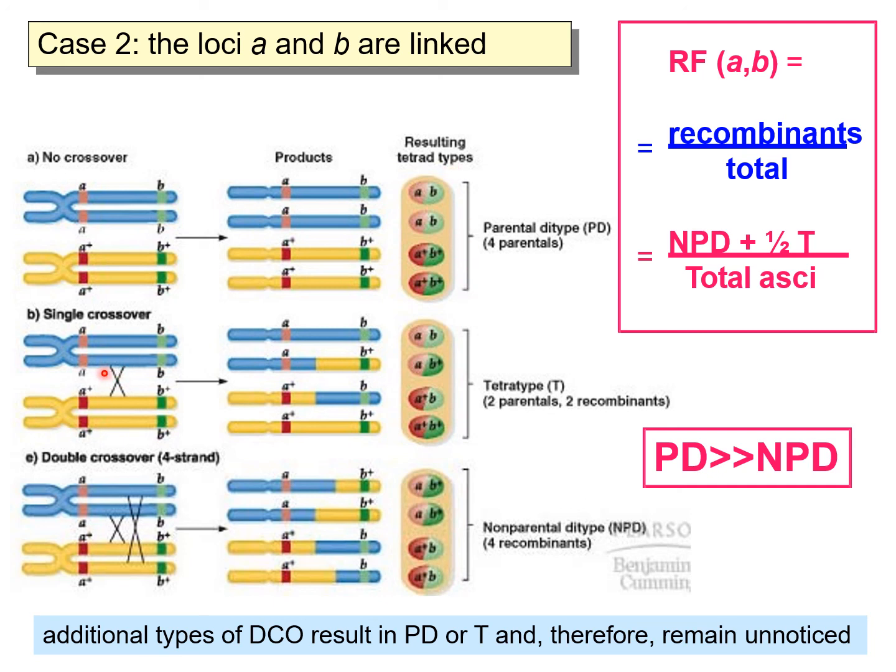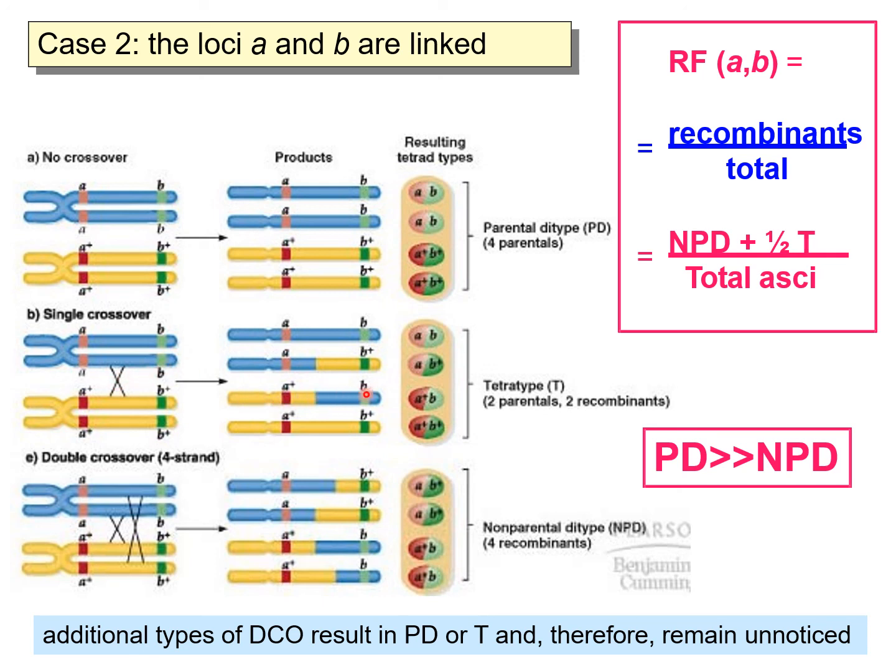If there is a single crossover between chromatid 2 and chromatid 3, it will result in a genotype where this would be parental, similar to one parent, this would be similar to the other parent, and you will find the recombinants over here, because this small a will now be with this b plus, and this a plus would be with b.